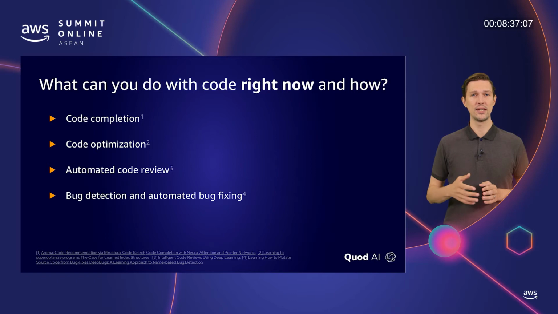For example, DeepBugs, a deep learning approach to name-based bug detection, yields bug detectors which can have a very high accuracy between 89 and 95%, which are quite efficient, less than 20 milliseconds per analyzed file, and reveal more than 100 programming mistakes with a 68% true positive rate in real-world code.